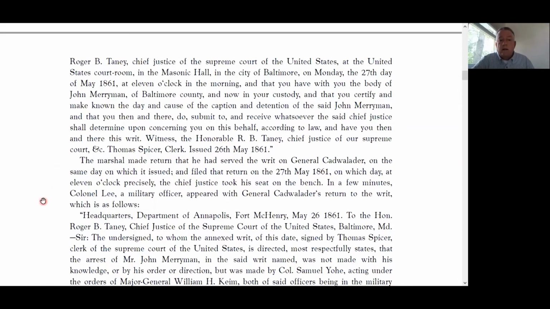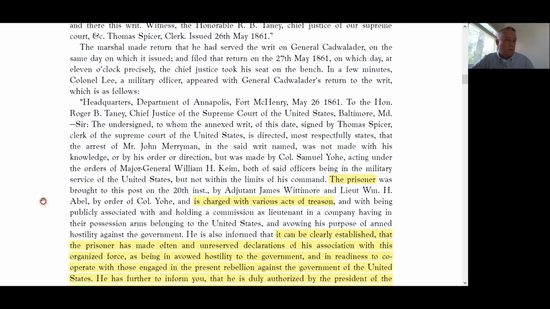He sends a lower-ranking military officer with Cadwalader's response. Now, this is sort of unusual. It seems to me when the Chief Justice of the United States commands you to show up in his courtroom, you probably would. But General Cadwalader's response is simply this right here. The prisoner was brought to Fort McHenry.